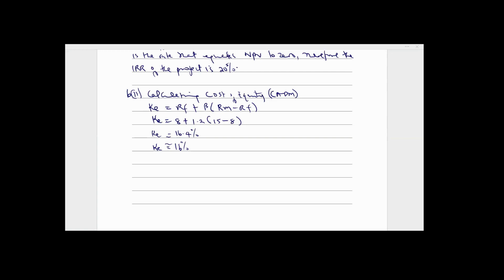So you can then say that the rate of return or cost of equity of 16% is not the same as the company's overall cost of capital, except the company is only financed with equity. Okay? The rate of return of 16% is not the same as the company's overall cost of capital, except the company is only financed with equity.